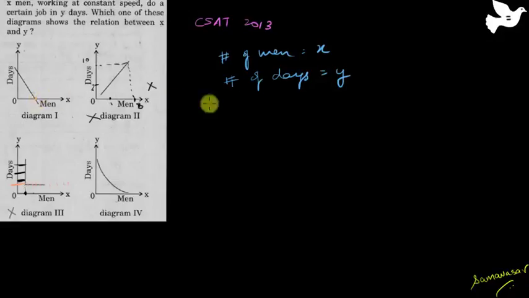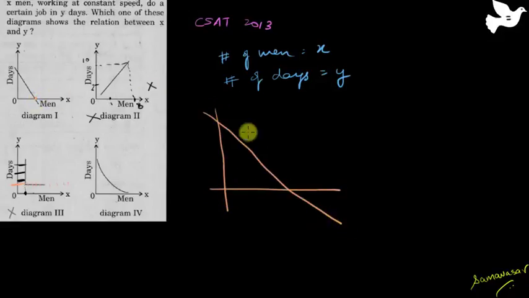This means that if I increase, so let me just draw the graph here, a bigger version. So this is the kind of graph he has drawn. At this point, this is the number of men, this is the number of days. So for whatever number of men here, I can finish my work in 0 days, which is obviously not possible.